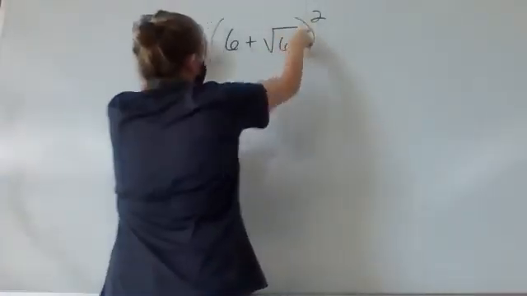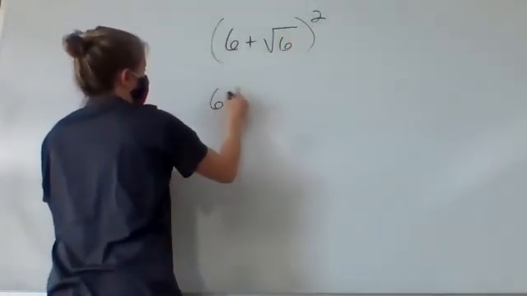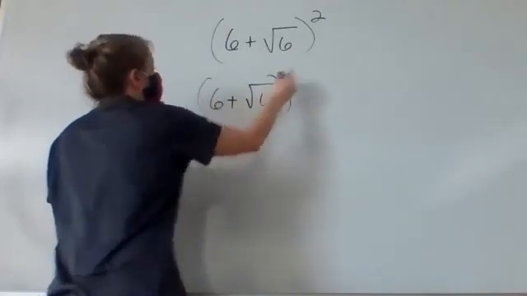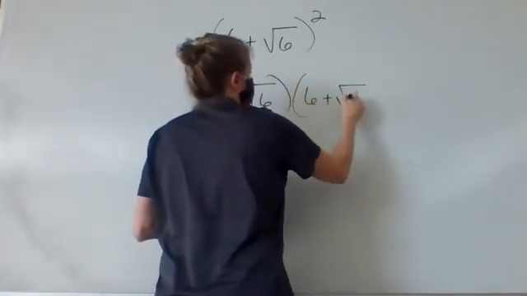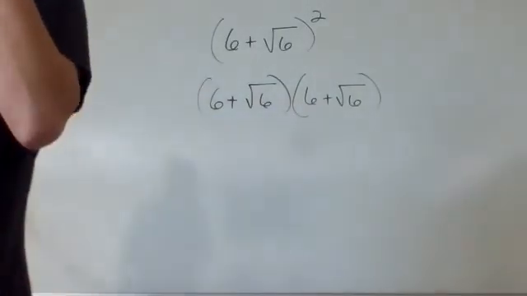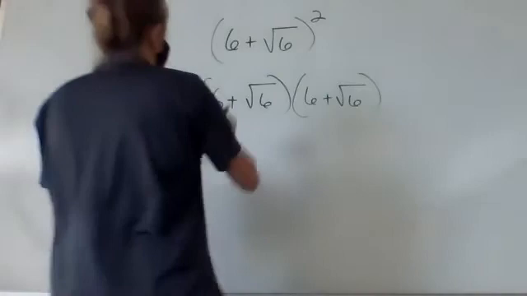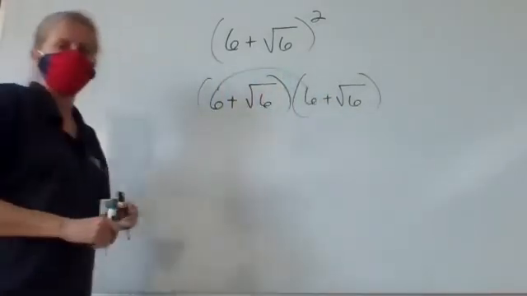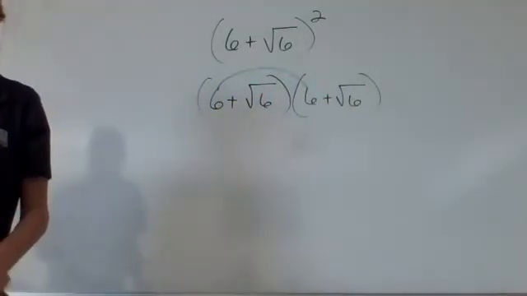So when I square that parentheses, that means to multiply it twice. So same thing I did on the last one. 6 times 6 gives me 36.